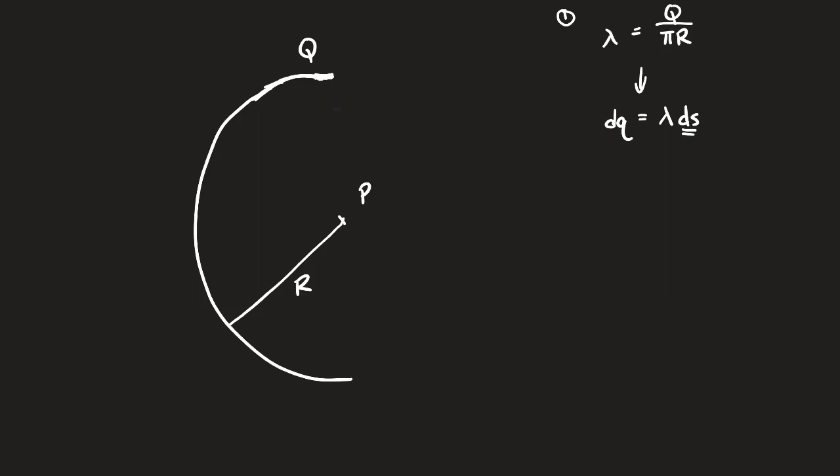S is used here because S represents arc length in almost every circumstance. So our goal is to have a lambda we can use here. So now, step two. I want to determine the geometry.